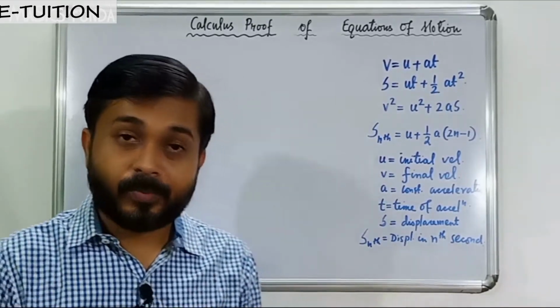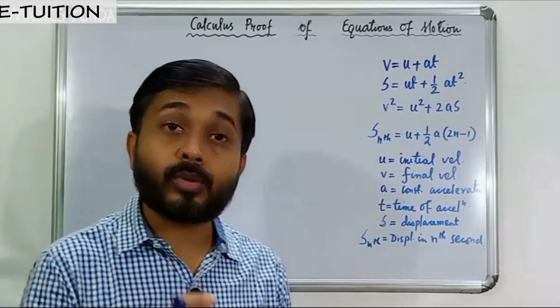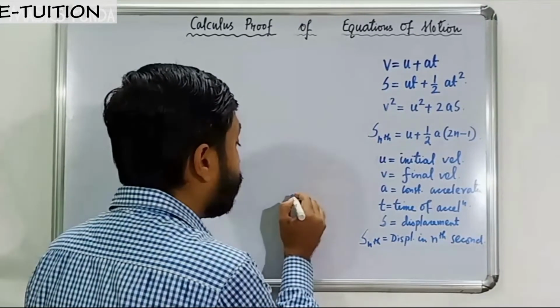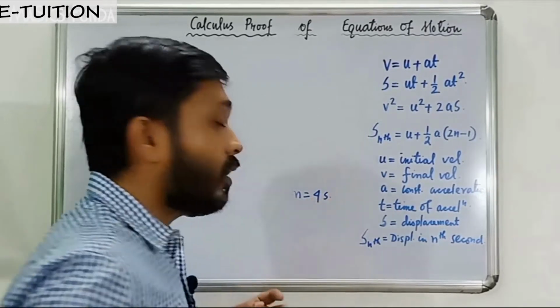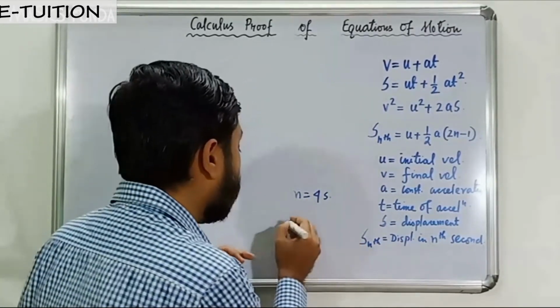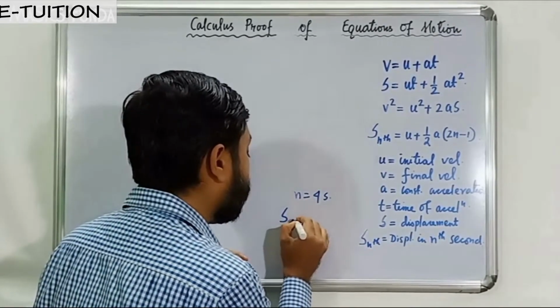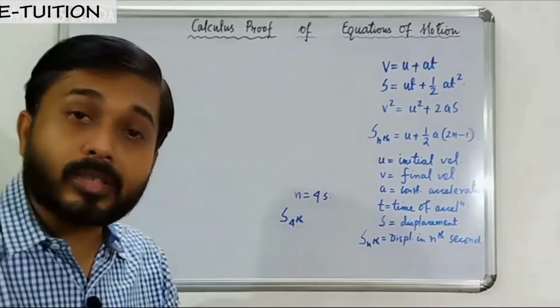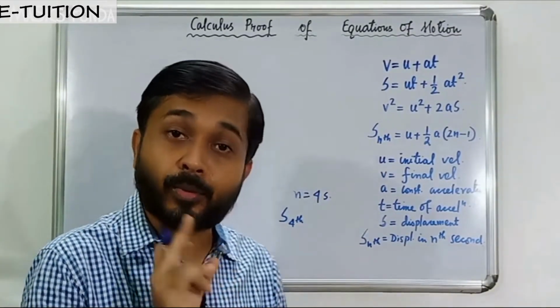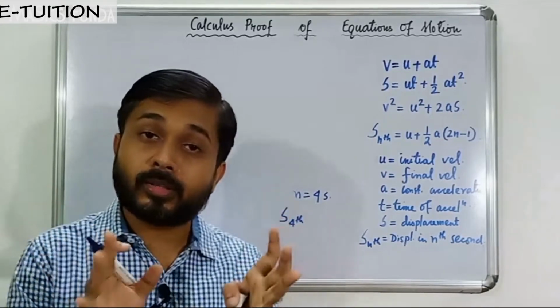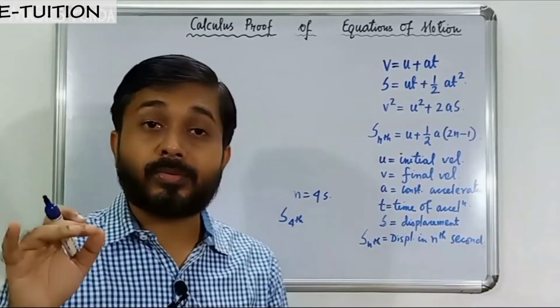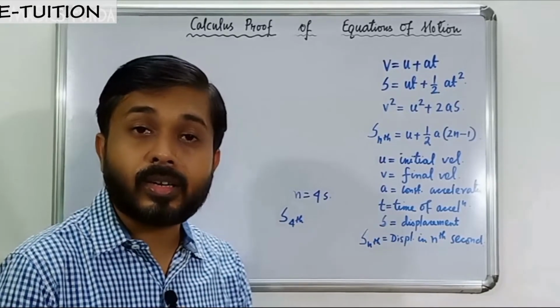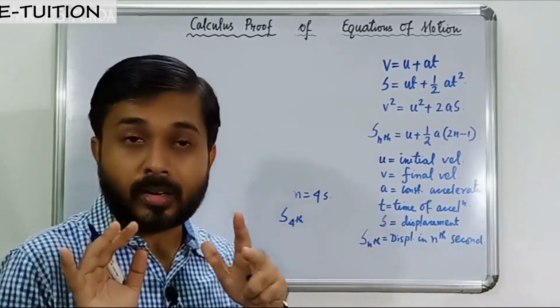Is it clear? So for example, I'm telling you in the 4th second, for n equal to 4, s nth means s fourth, means the amount of displacement that the body is covering in the 4th second. Means for the first 3 seconds the body has moved, and that is some amount of displacement, and after that in the next 1 second it is again covering some amount of displacement.